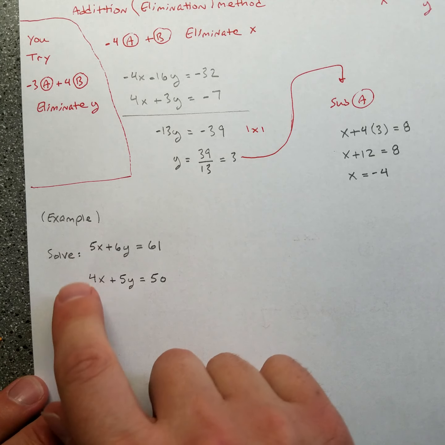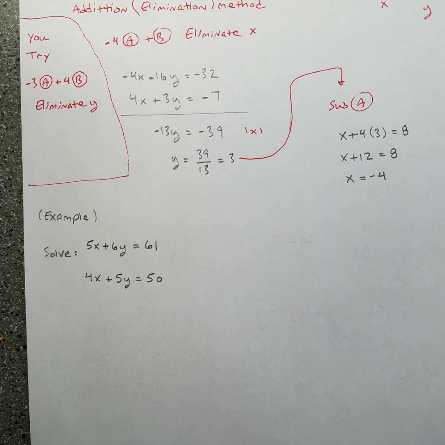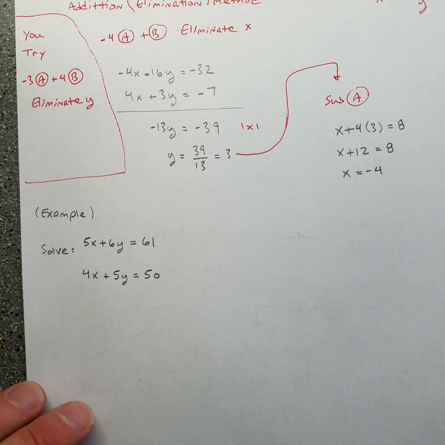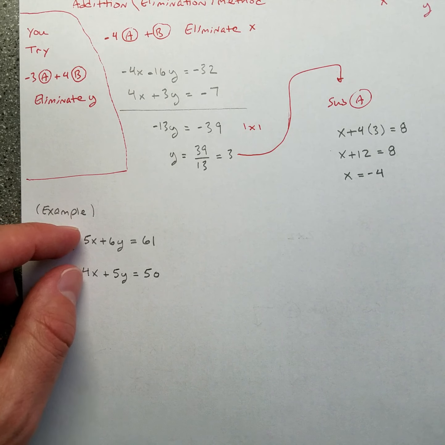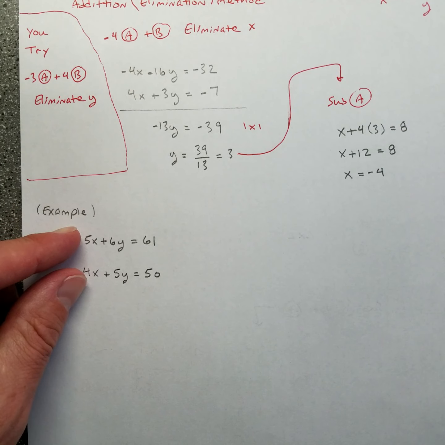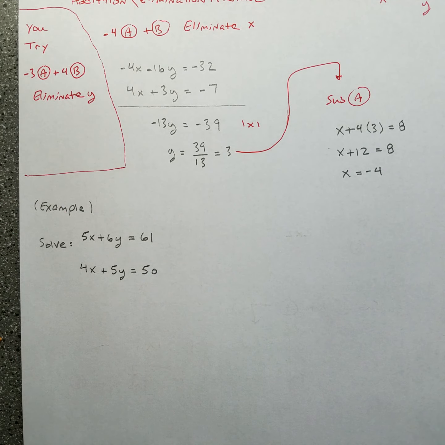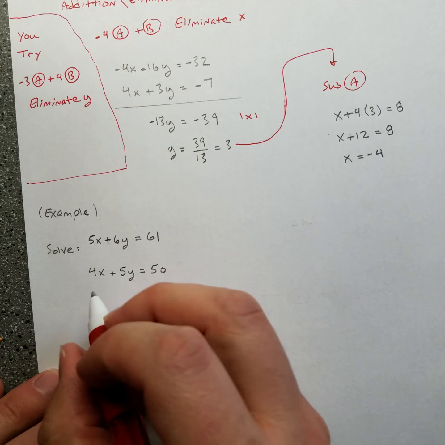I could eliminate the x or the y. I don't really think that one way or the other is easier or harder, but here goes. Here's my plan. I could make both of these be 20s, and one of them negative and one of them positive, and I could cancel the x's. Okay, so here's my plan.